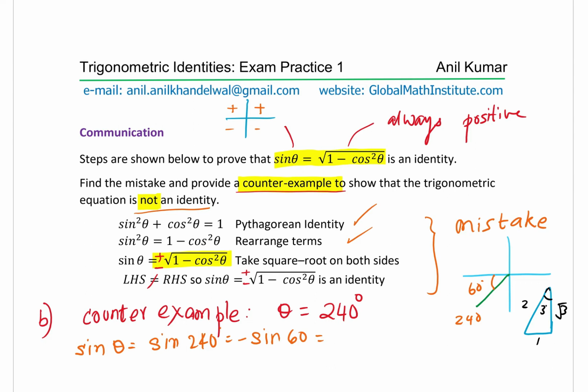So that gives you an angle which is equal to half. So we get negative half as our answer. But if I do for the right hand side, this is left hand side. For the right hand side, the value will be square root of 1 minus the cos value of, let me write, cos square theta, where theta is 240 degrees.